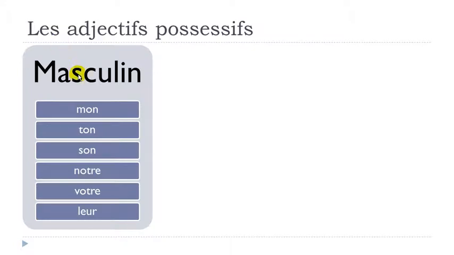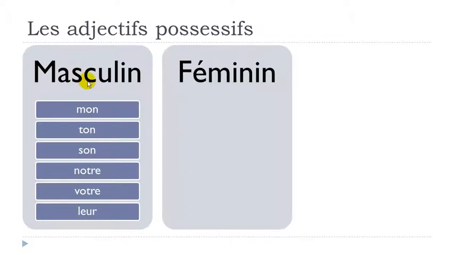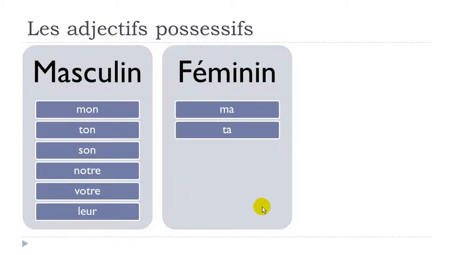Okay, so we saw first the masculine form. Let's check the feminine form, and it's ma, ta, sa. So you can see of course differences, but still, it works like m, t, and then s. So mon, masculine, ma, feminine form, ton, masculine form, ta, feminine form, son, masculine form, sa, feminine form.